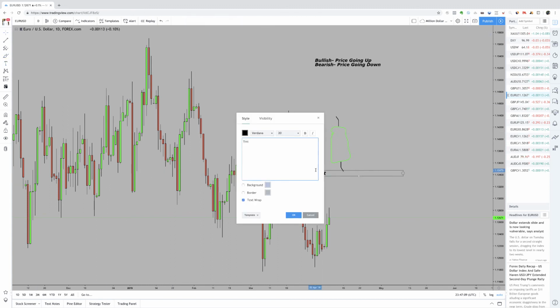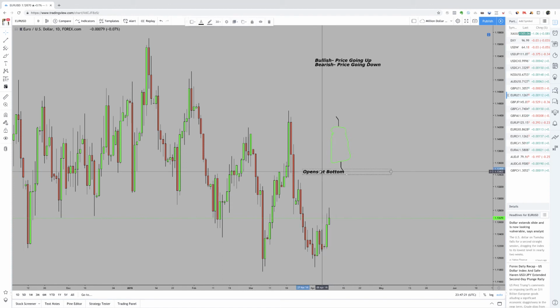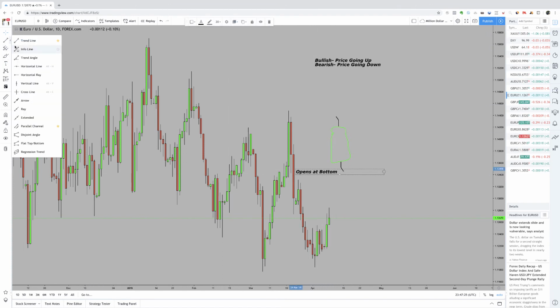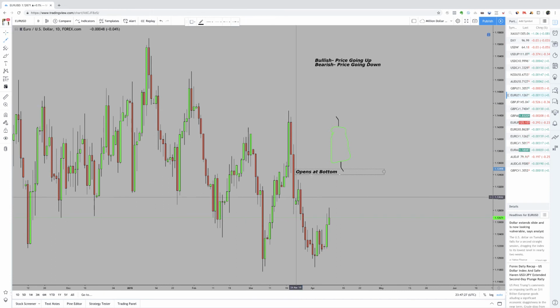During a bullish candlestick, price opens at the bottom and it closes at the top.